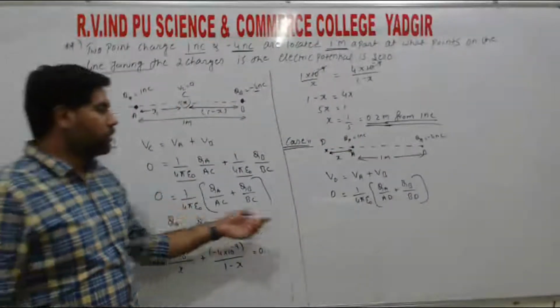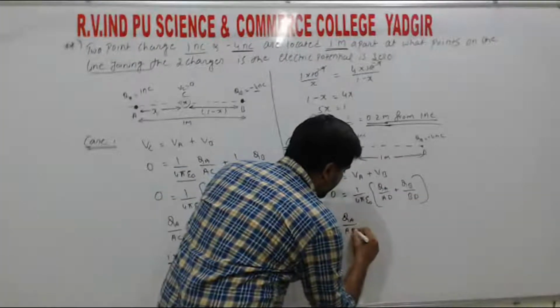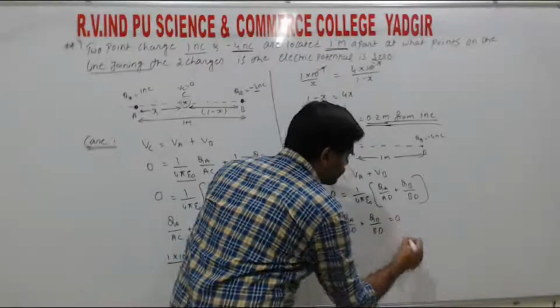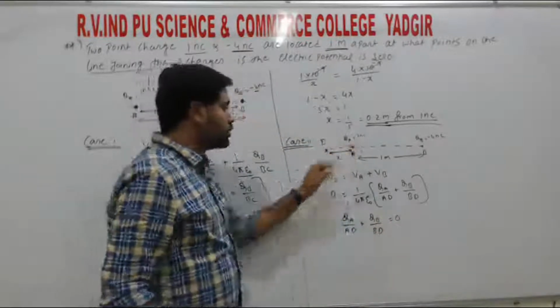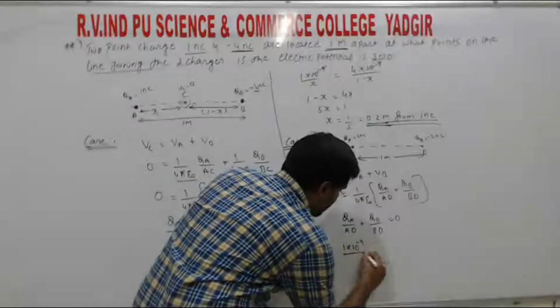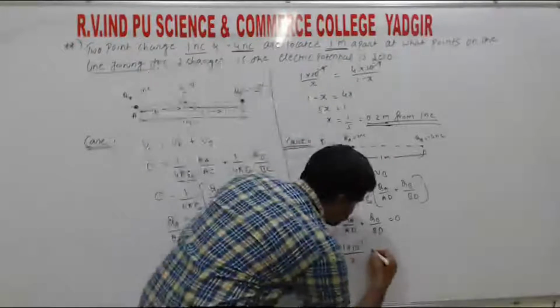So in this step, QA by AD plus QB divided by BD equals 0. The charge QA is 1 nanocoulomb, that is 1 into 10 to the power of minus 9 divided by the distance AD, taken as x.